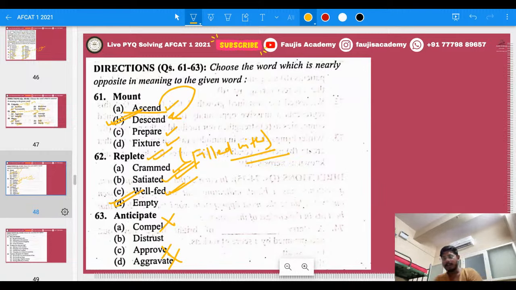No, that is also incorrect. Even though distrust means there is some sense of suspicion involved in the word, it may or may not be the exact opposite, the closest we could reach was with the answer distrust. So we'll go ahead with 63, distrust as the answer.